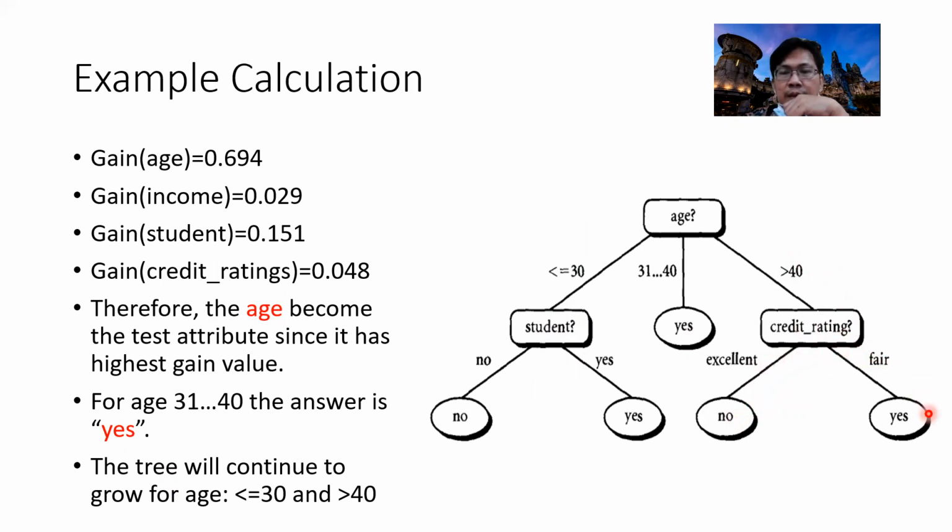If the credit rating is fair, it should predict yes. Fair means that these people always use credit cards in every store, every market. Young students usually buy the computer, and if people are middle age 31 to 40, they also will buy the computer.